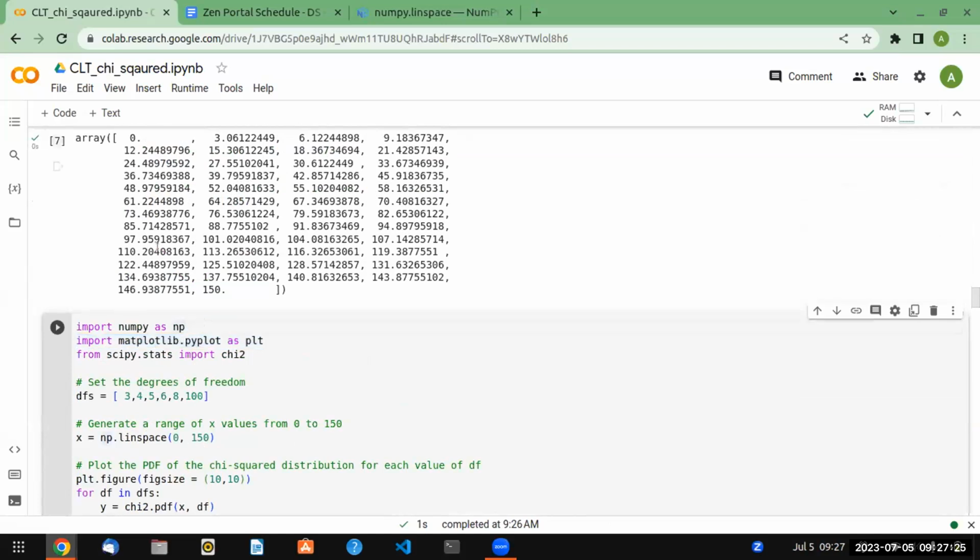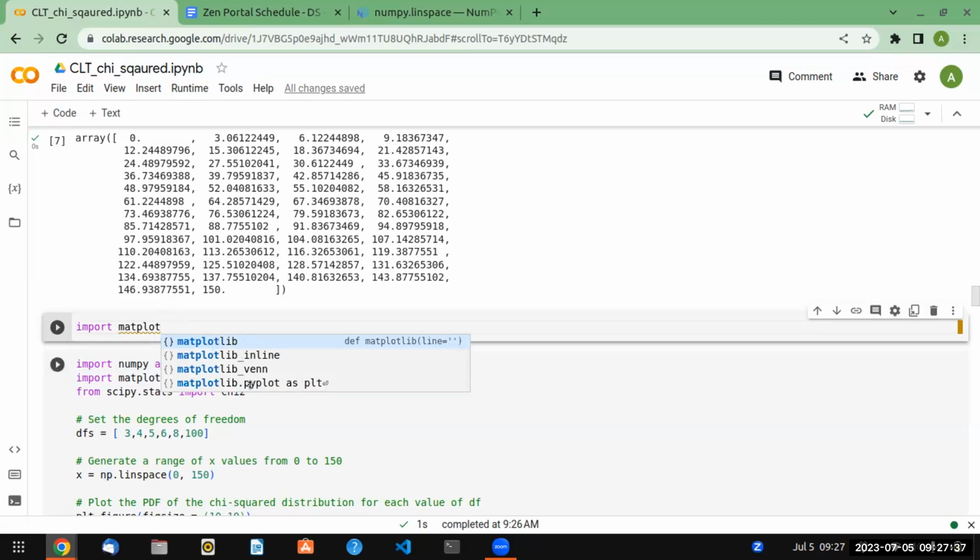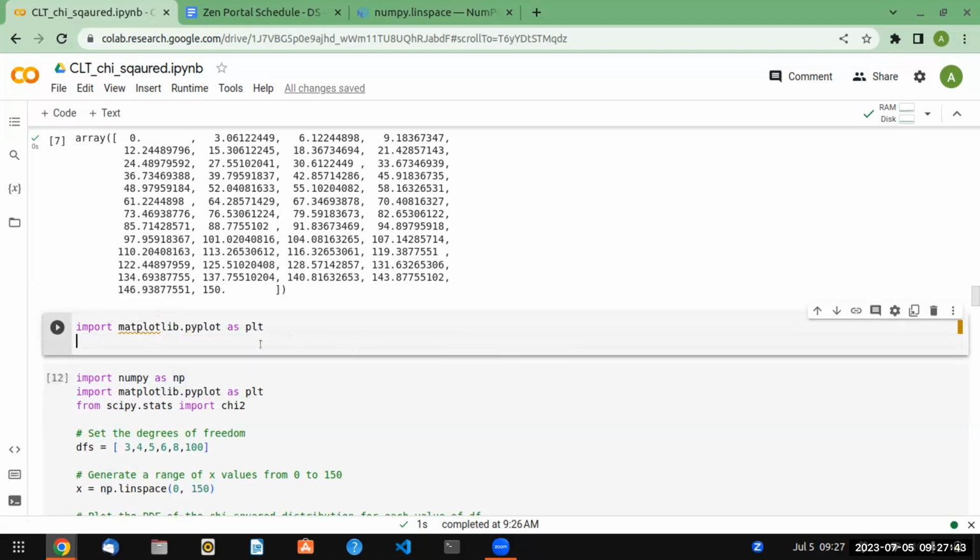Even if you write like this, import matplotlib. See here in the fourth option, they're already providing you matplotlib.pyplot as plt. But Ashish, even if we import only matplotlib as plt, it will work, right?